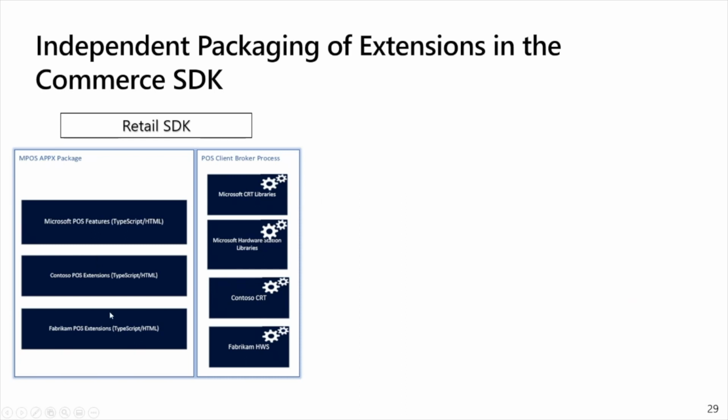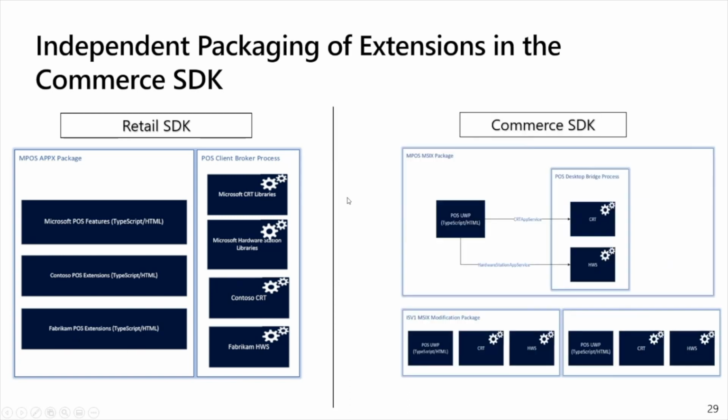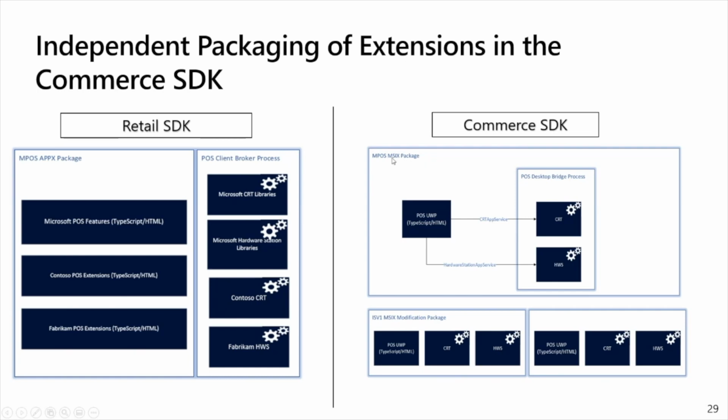That caused issues if we wanted to update any of the Microsoft code or any of the extensions code. It all had to be updated all at once. With the Commerce SDK, we have the Microsoft package up here, and then separately we have packages for each ISV or each extension package. And all of these boxes can be updated independently of one another.